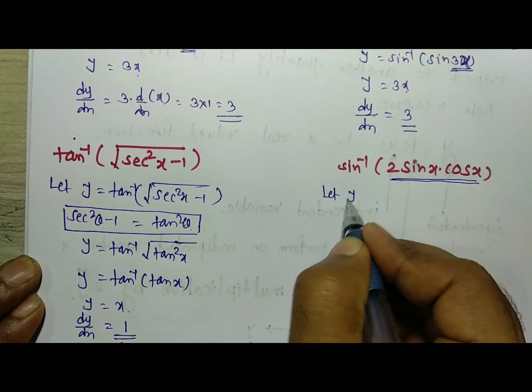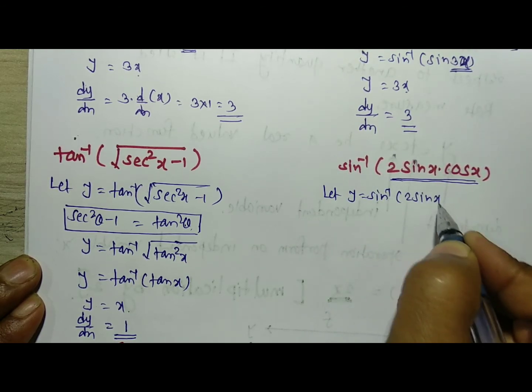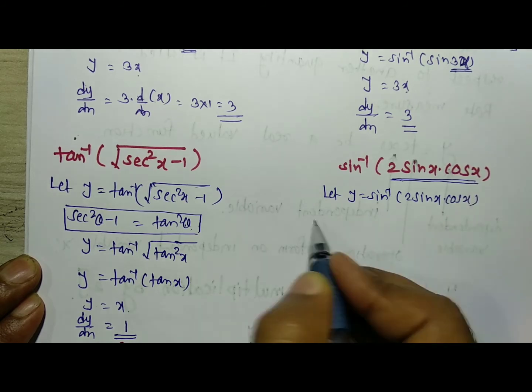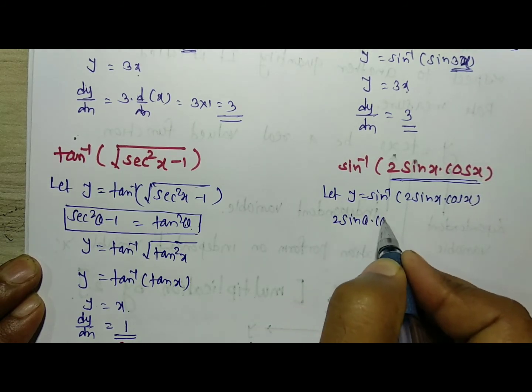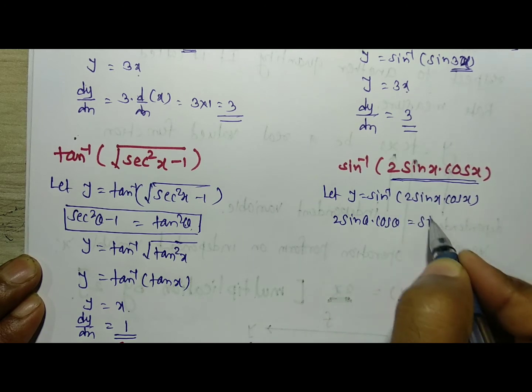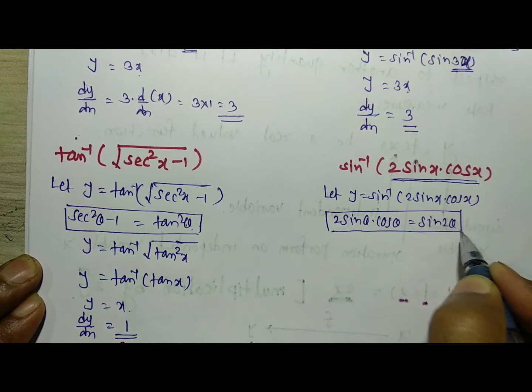Once again, let y is equal to sine inverse of 2 sine x into cos x. We know that 2 sine theta into cos theta is equal to sine 2 theta. This is one formula we have to use here.